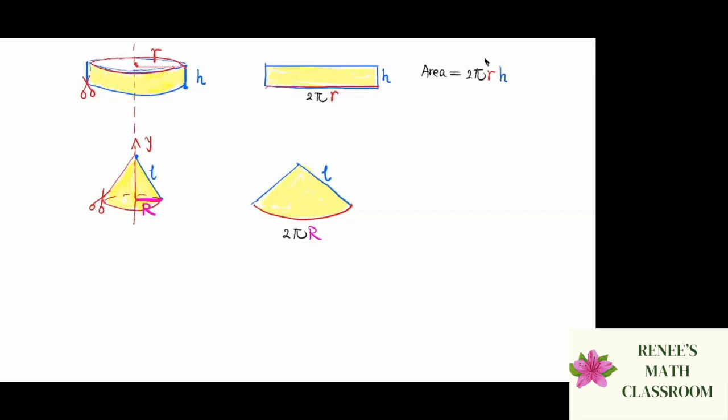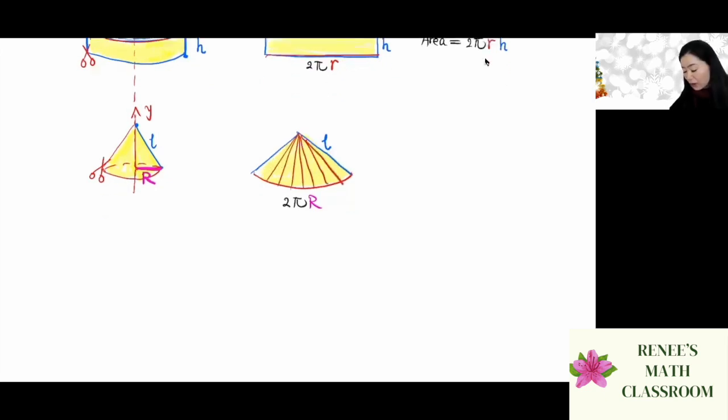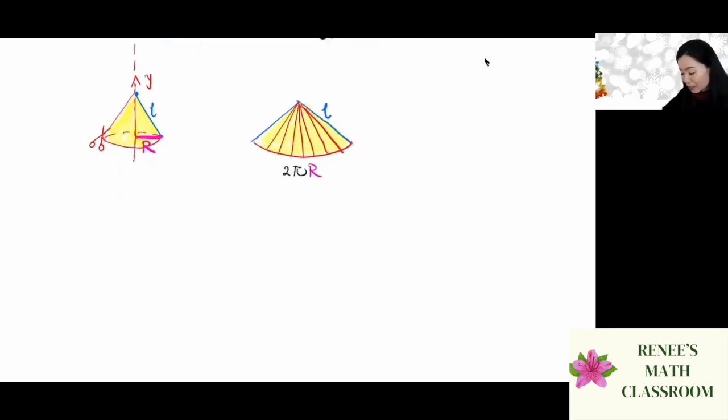So this kind of reminds you of a triangle. Okay, so if you slice this up into very thin slices, each one of them reminds you of a triangle, right? So when you slice them into small slices over here, this arc here is almost like a straight line.